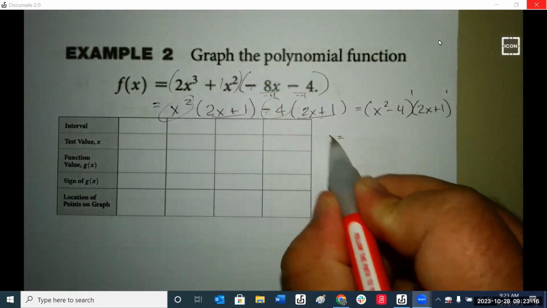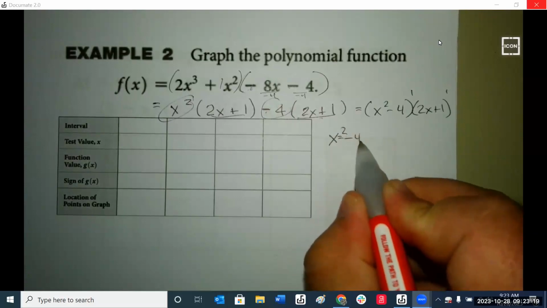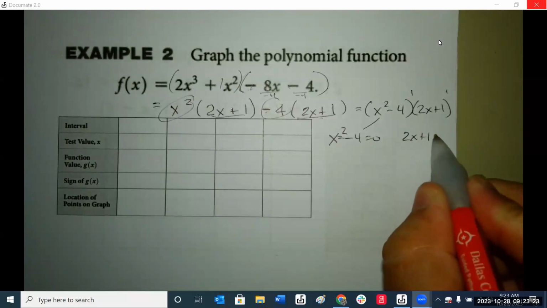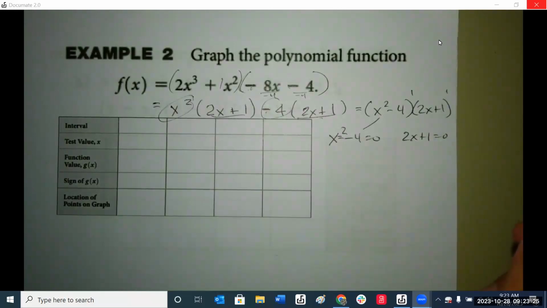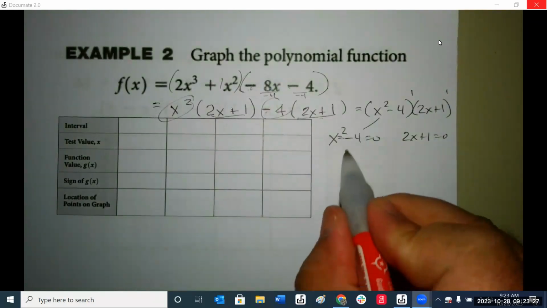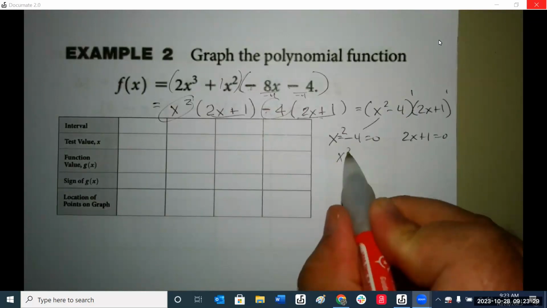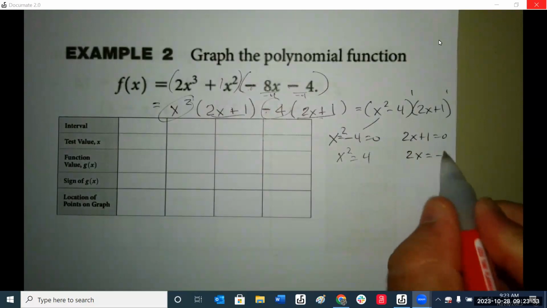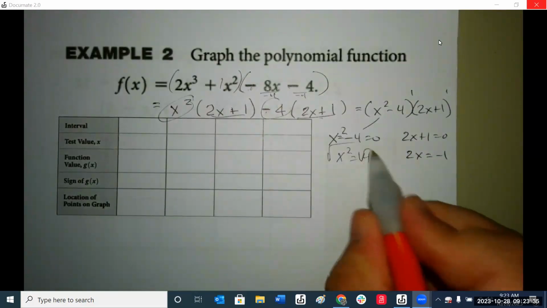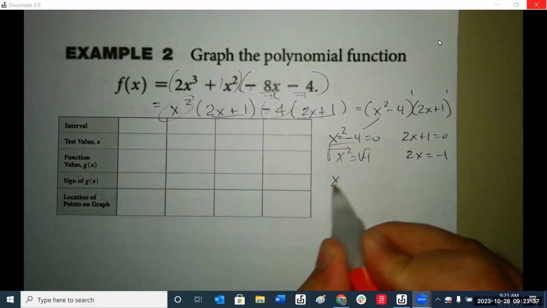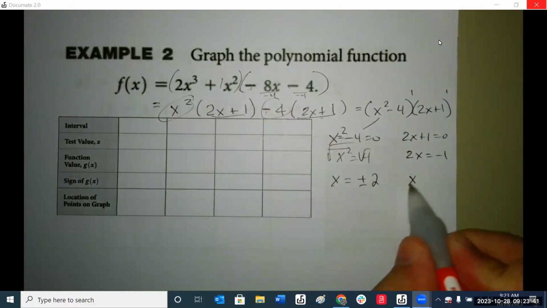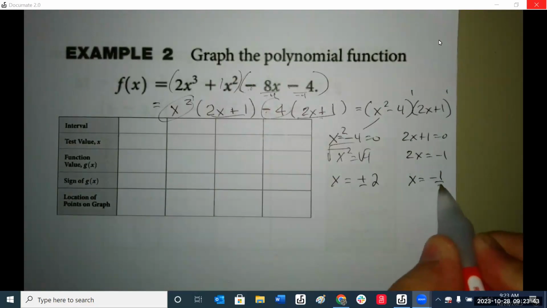So we have x squared minus 4 equals 0, and 2x plus 1 equals 0. Add 4. Subtract 1. Square root. X equals plus or minus 2. X equals negative 1/2.